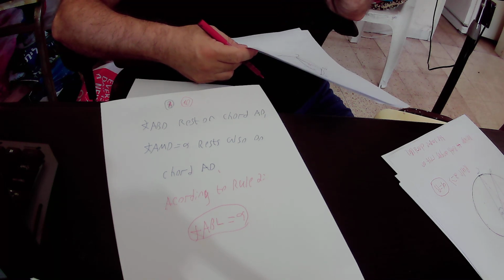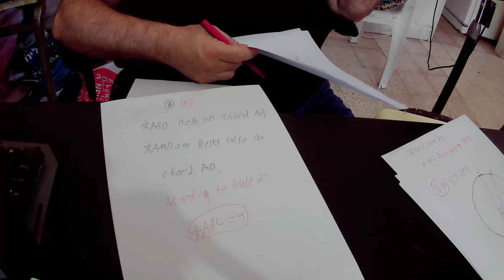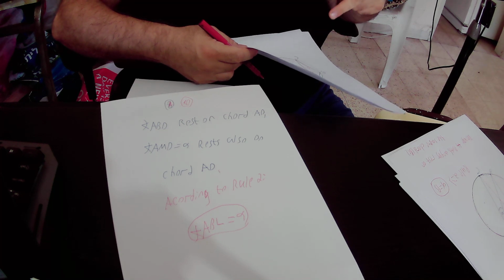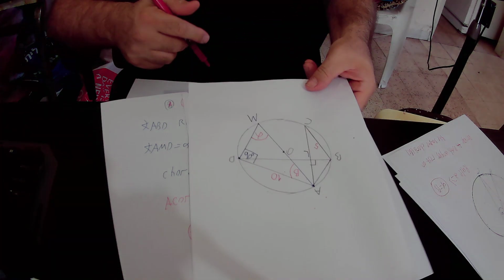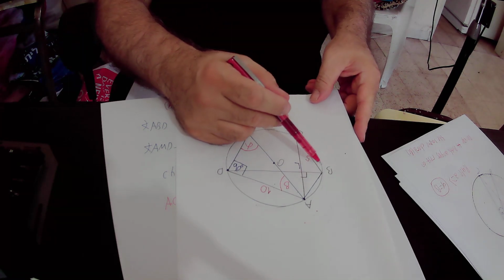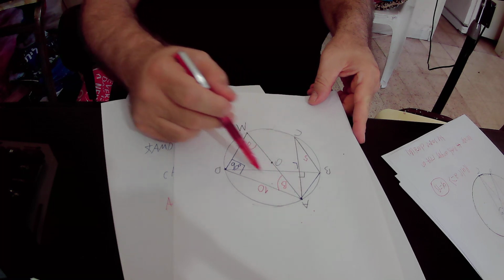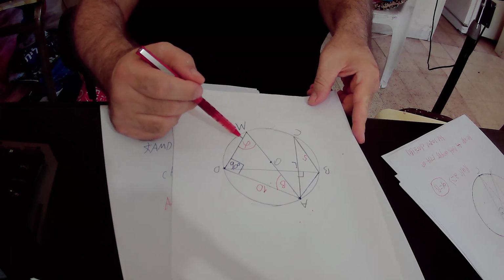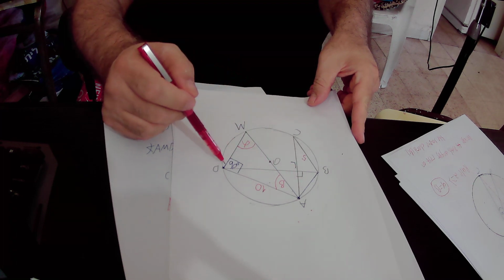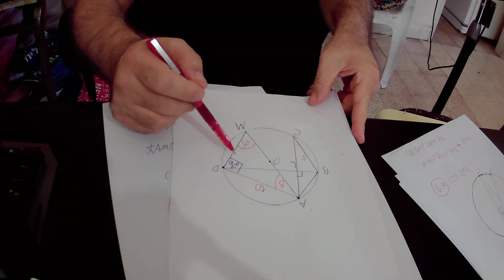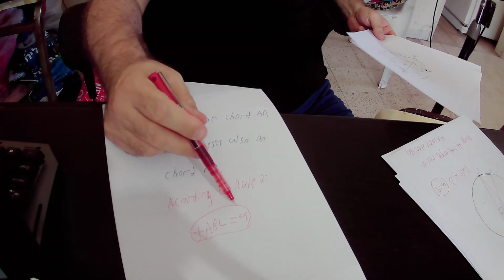According to rule number 2, angle ABL will also be equal to alpha, because angle ABL rests on chord AD, and angle alpha also rests on the same chord AD, so they are equal to each other. That is to say, angle ABL equals angle alpha.